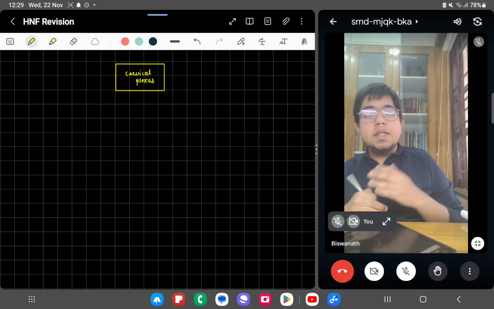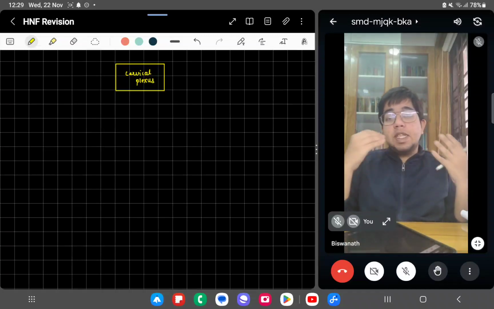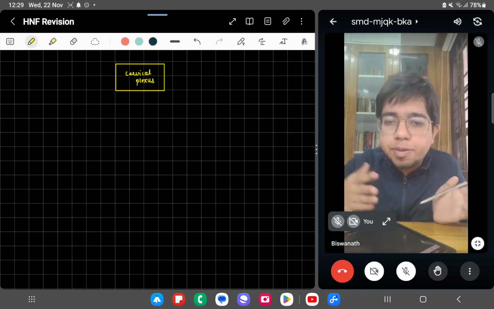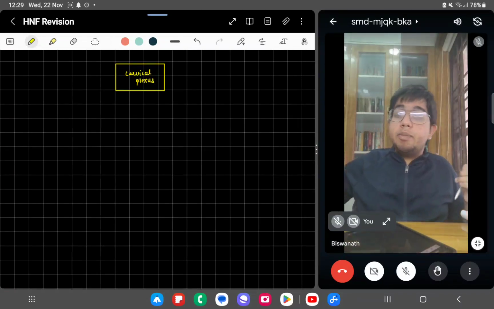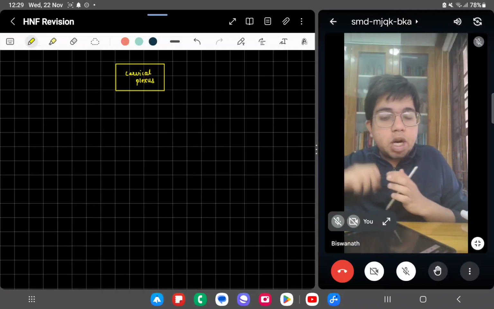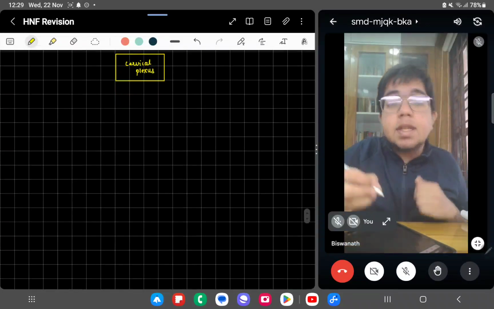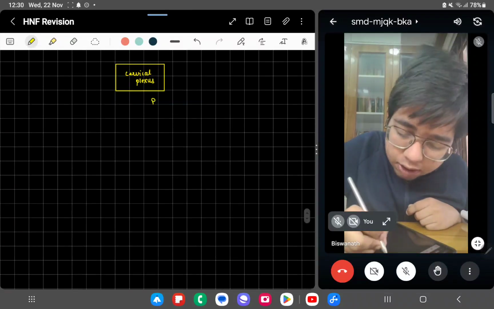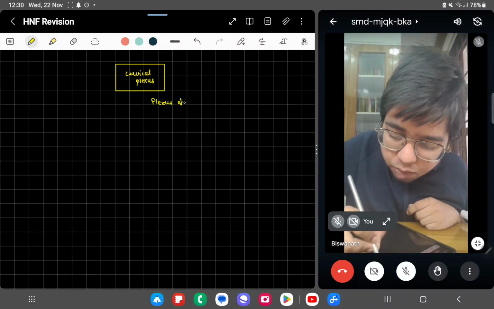So the cervical plexus comprises the ventral primary rami of C1 to C4 segments, and it has superficial branches and deep branches. In the deep branches, we will also see the involvement of C5 in the phrenic nerve part. The cervical plexus is also called the plexus of loops.